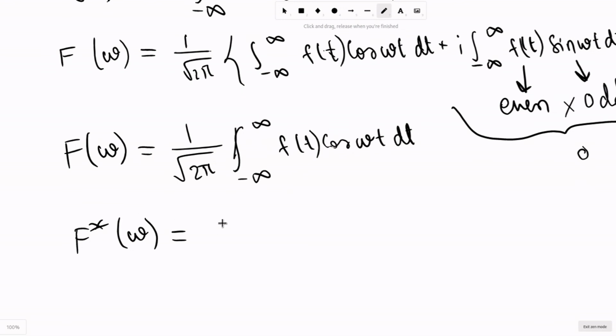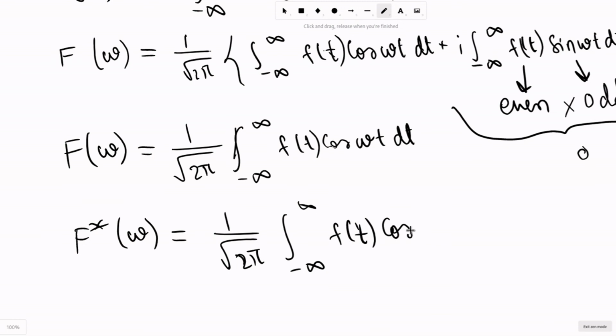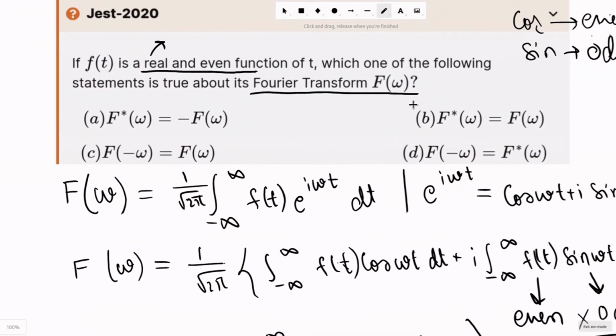So the conjugate, F asterisk of the Fourier transform, will simply be the same thing as capital F of omega. So what we have is F asterisk omega equals F omega, and that is here. So this is our answer for the above problem.